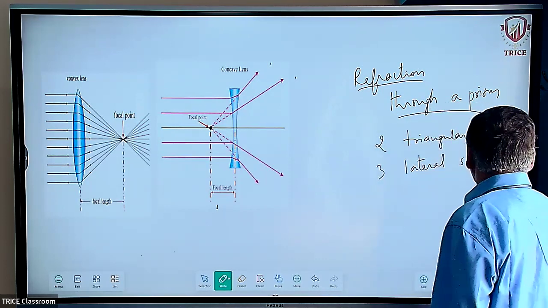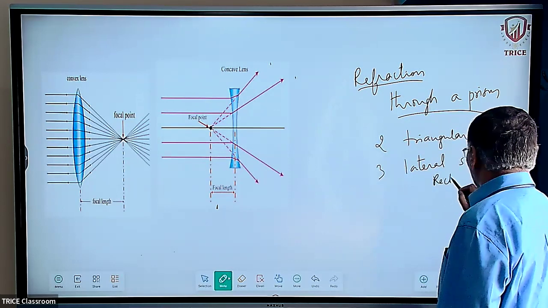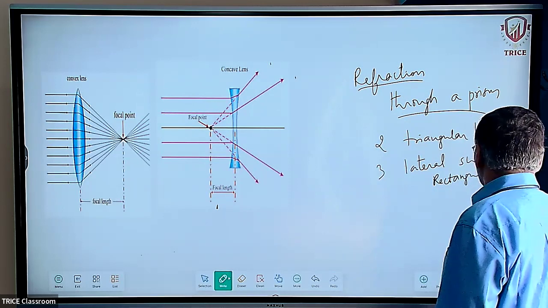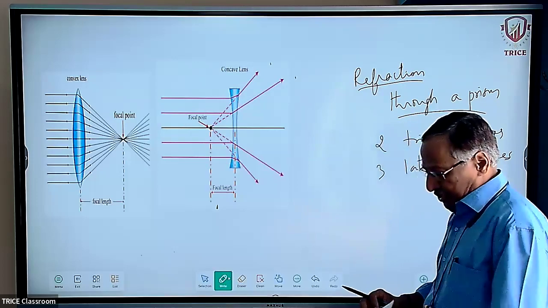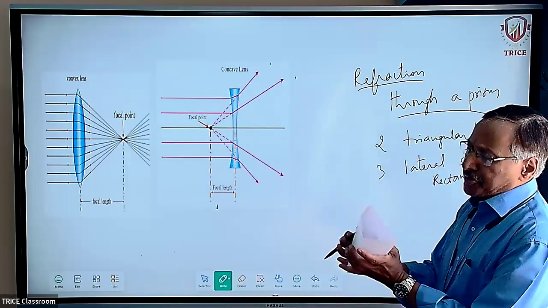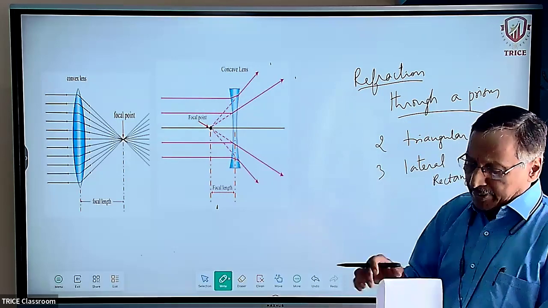How are the lateral surfaces? They are rectangular. Same way, which I showed you like this. If you keep it like this it becomes a prism.